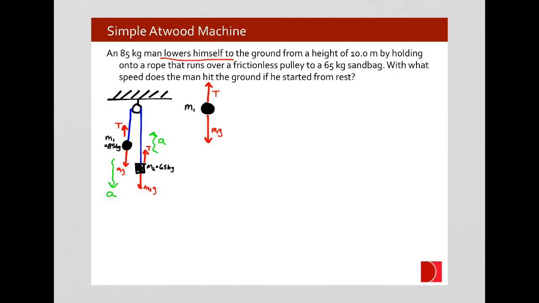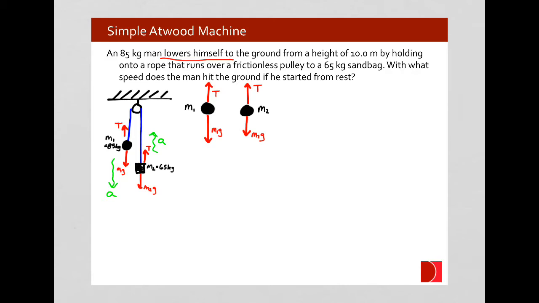This is for the man, we're calling M1. For the sandbag, which we're calling M2, we have a weight, a force of gravity downwards as well, and we have a tension that is upwards. And the two tensions should be equal because it's the same tension being transmitted via the rope.